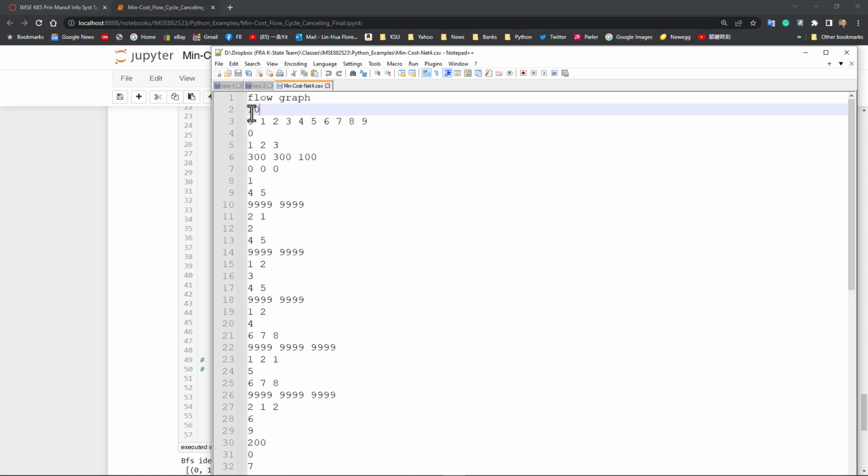There are a total of 10 nodes, for example, from 0 to 9. In this example, we're assuming node 0 is the dummy source node, and node 9 is the dummy destination or sink node.